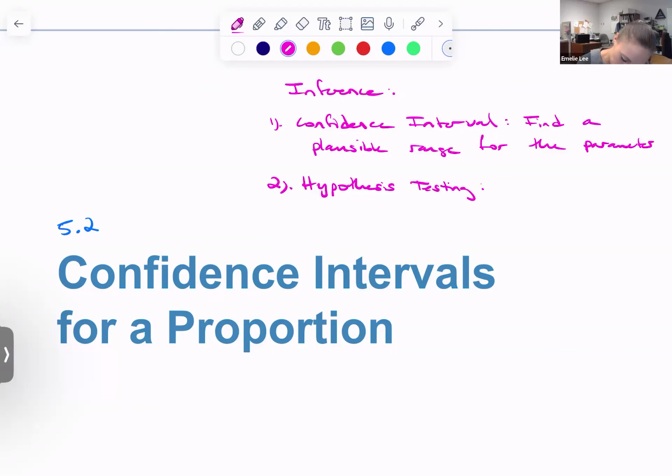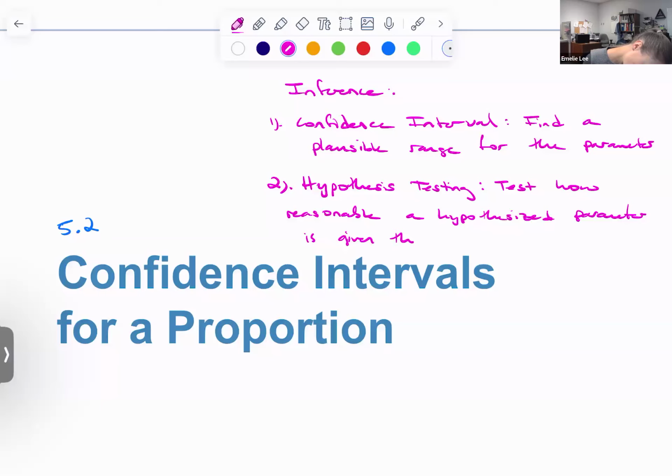So we test how reasonable a hypothesized parameter is given the sample statistic, or the point estimate, I should say.